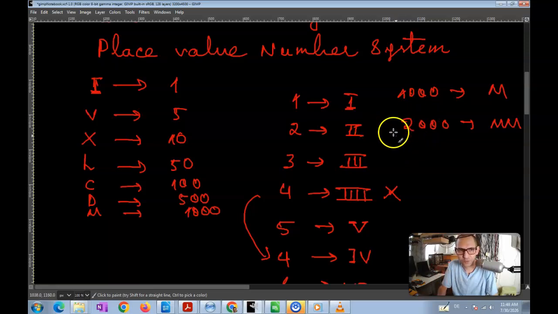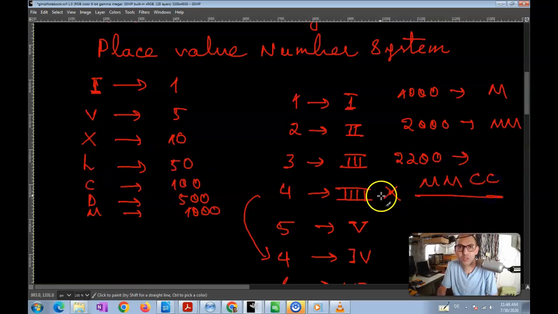And 200 would be 2 of these C's. You have to put them together this way, right? So you can imagine that for writing large numbers, this system is not efficient in any way. That's just a very cumbersome system.